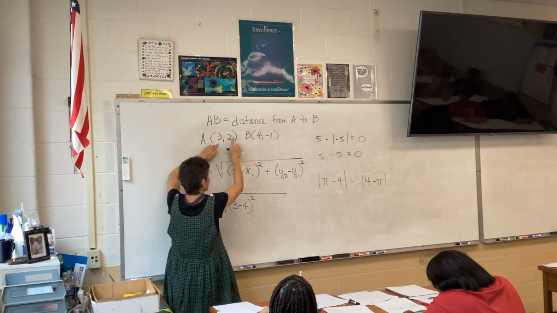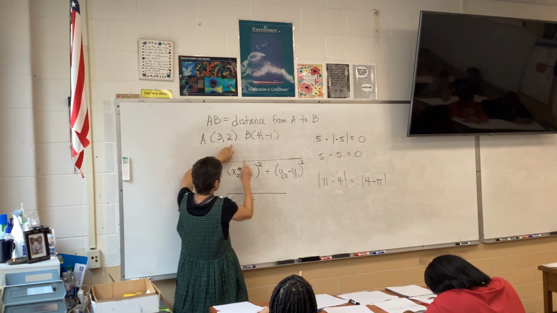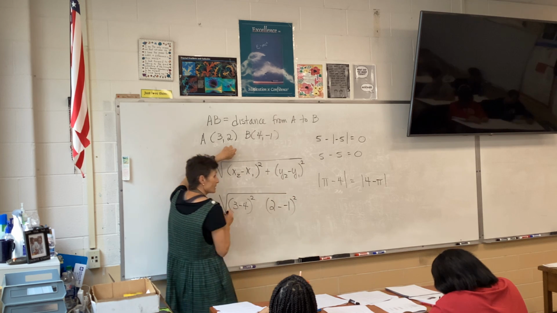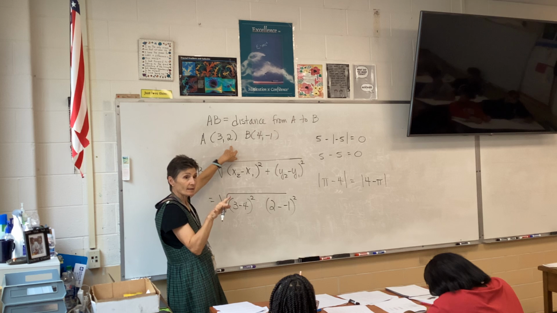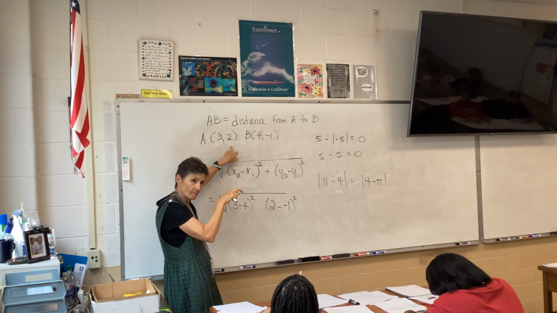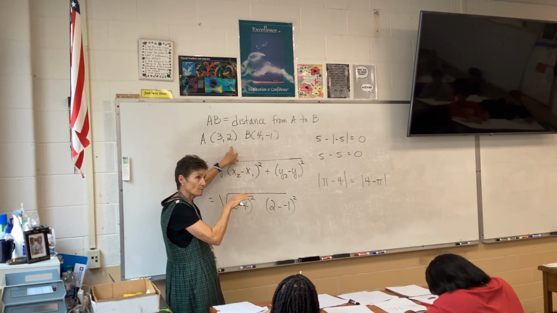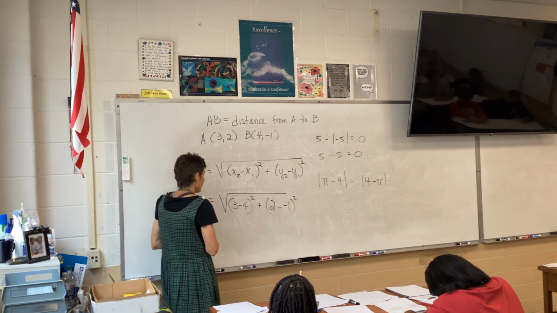Then you take y minus y and square it. Keep track of your signs. So x minus x squared, y minus y squared. Okay? Now we're going to add them together, and we're going to calculate that.